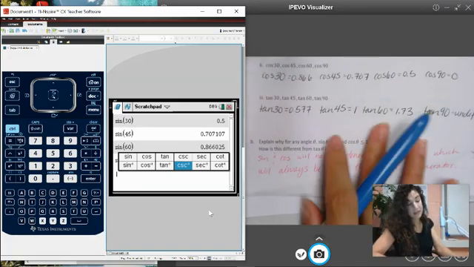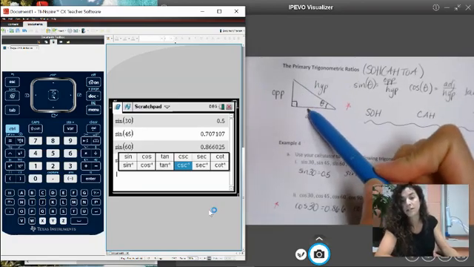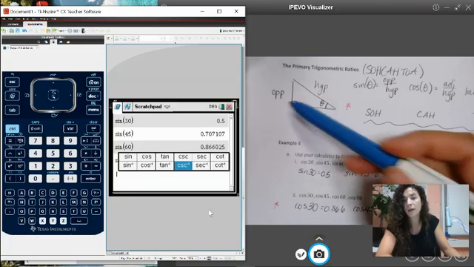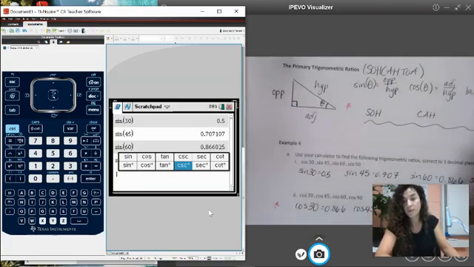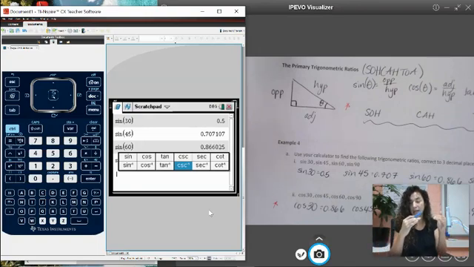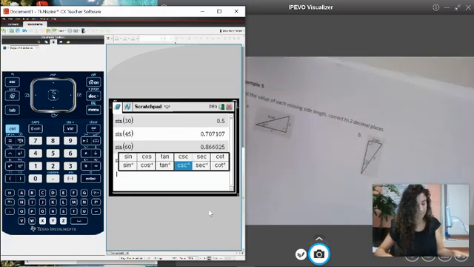This is different from tangent because tangent is opposite over adjacent, and there are no rules for opposite and adjacent. One could be larger than the other, and the other could be much smaller. There are no rules about the relationships of those side lengths. As a result, the fraction doesn't necessitate that it's less than 1. So that's how it's different from sine and cosine.